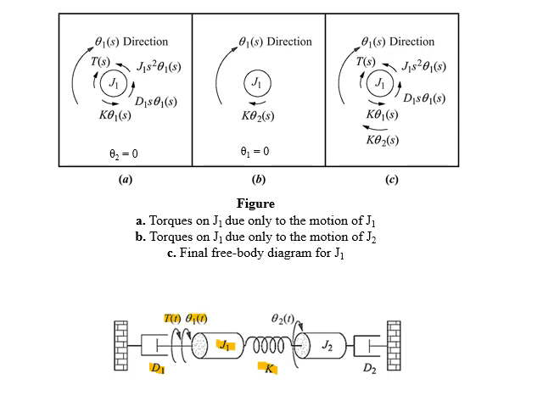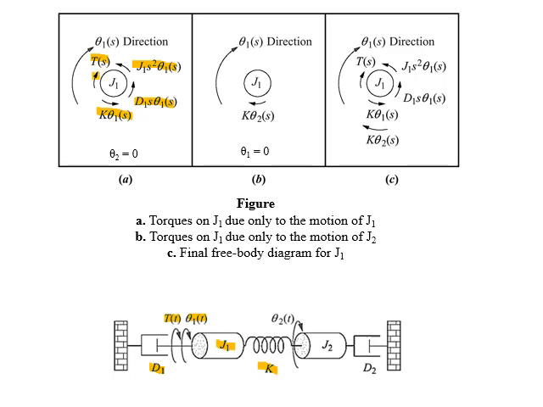Now if J1 rotates in the direction of θ1, the viscous damper attached to it will oppose its motion. Spring with coefficient K will also oppose its motion, and its own inertia will again oppose its motion. And the externally applied torque will act in the direction of rotation.